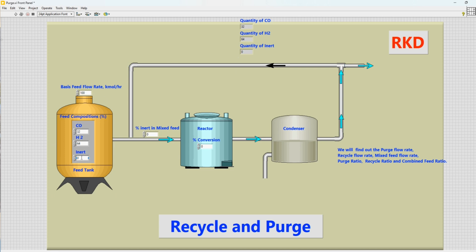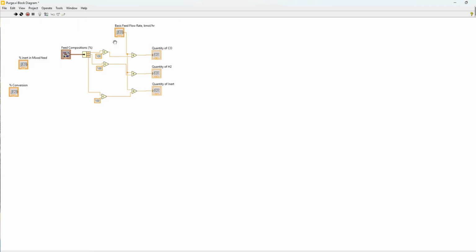Yes, and this is a 4. Now if I take this as 1, then accordingly you can check the quantity of CO, H2 and inerts that will appear. After that we can do further calculation.